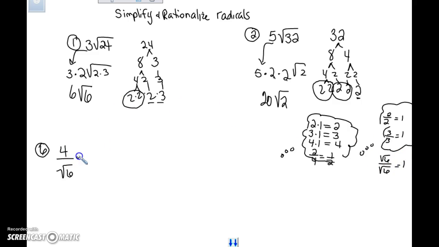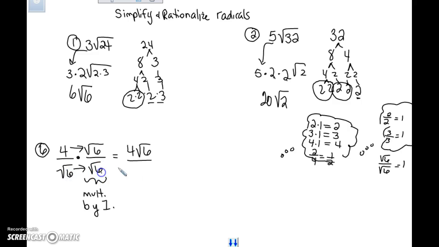So I can multiply this by the square root of 6 over 6. I'm essentially multiplying by 1, so as to not change the value of this fraction. Okay? This is what we call rationalizing. We're going to get rid of this square root in the bottom. So I'm going to multiply across.